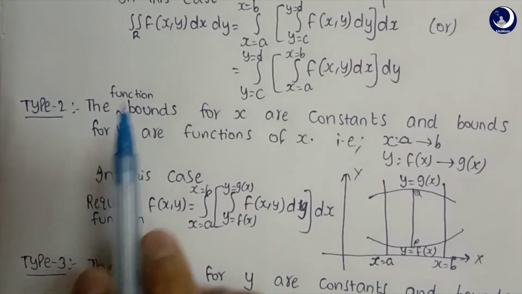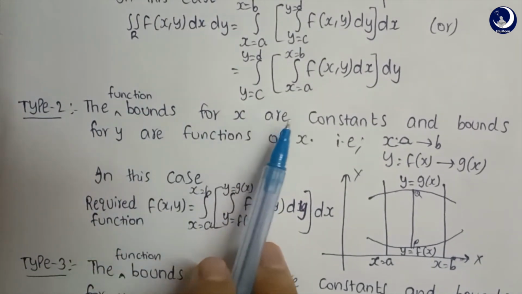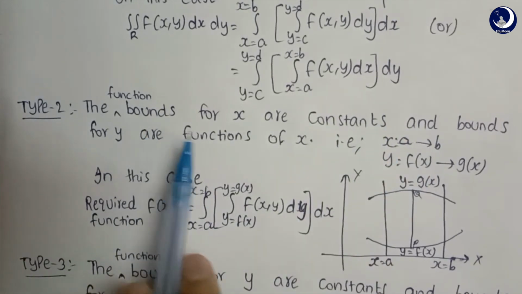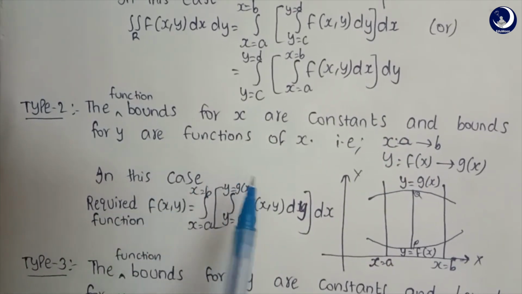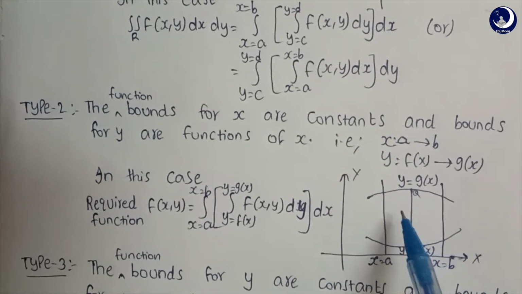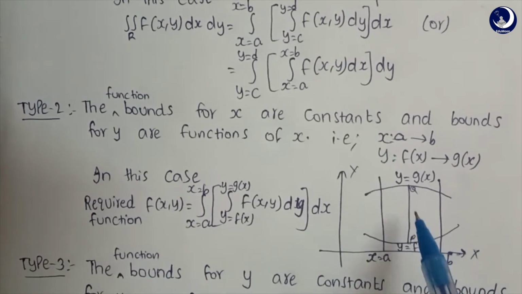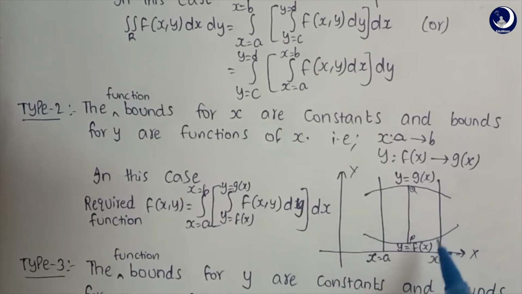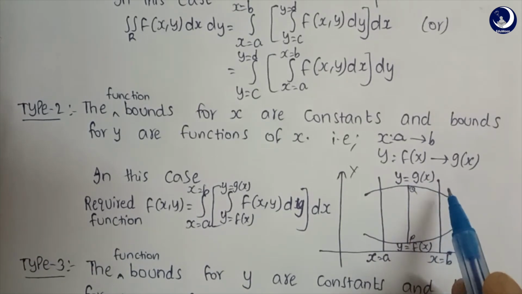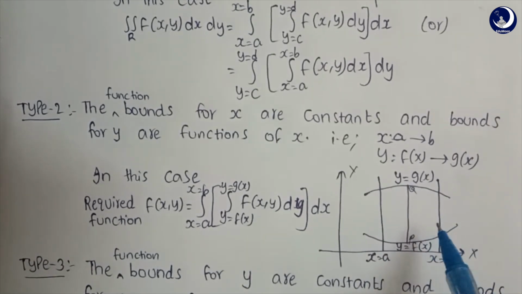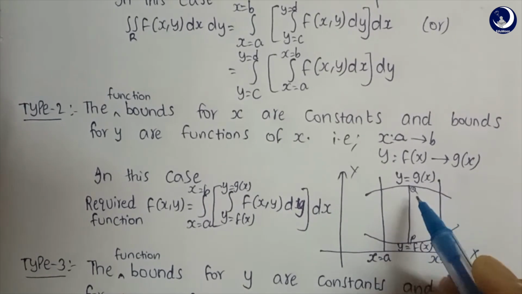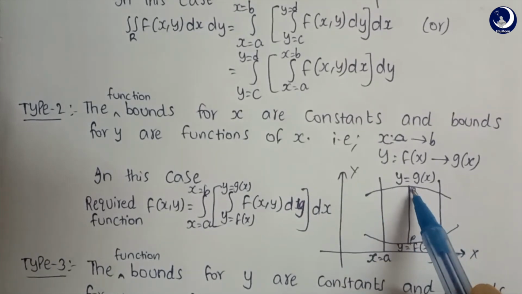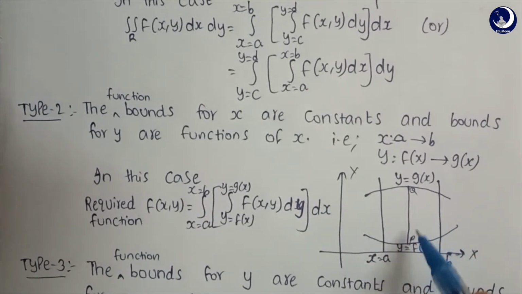For type 2, the bounds for x are constants and the bounds for y are functions. If you see in this figure, I took the y function, that means the y limits are variables. I took a PQ strip parallel to the y axis.